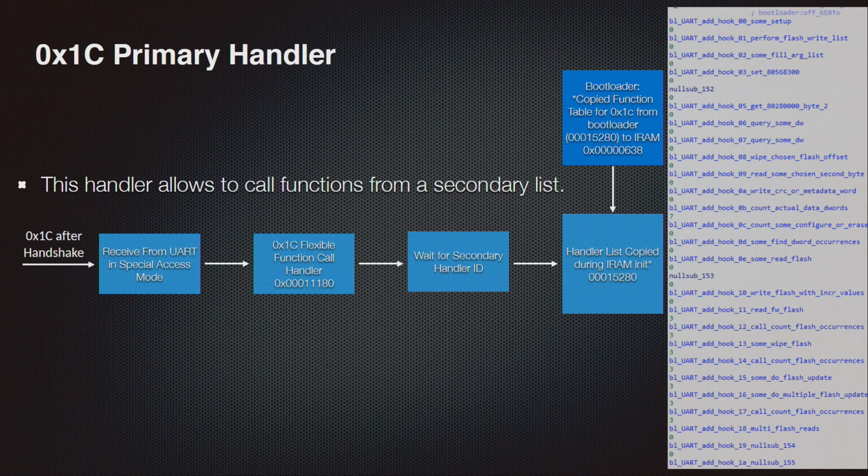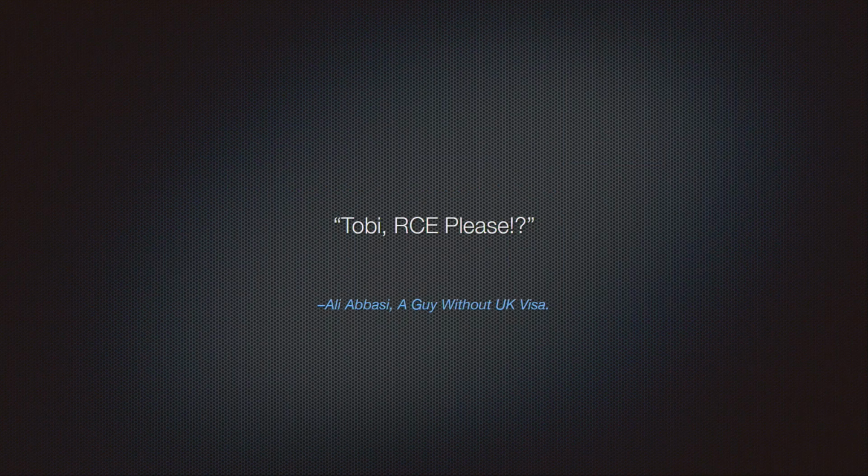So there is a layer of functionality which resides inside the bootloader memory, and it's initially copied to IRAM, and those function pointers can then be used by this 0x1C handler, and then you can say, okay, from this secondary list, I would like to use this handler and this handler. Maybe Siemens ran out of space of initial handlers or so, and this is where a lot of those functionalities went.